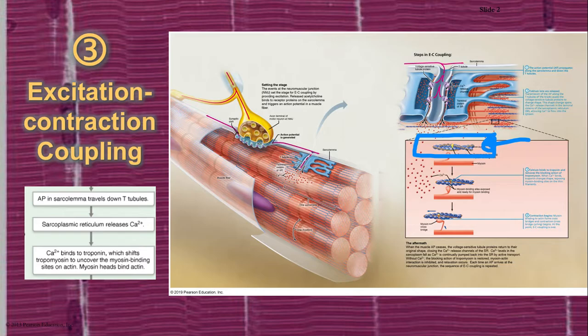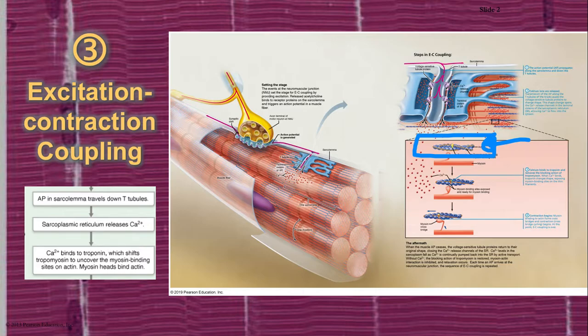When the tropomyosin moves, it exposes myosin binding sites on the actin.